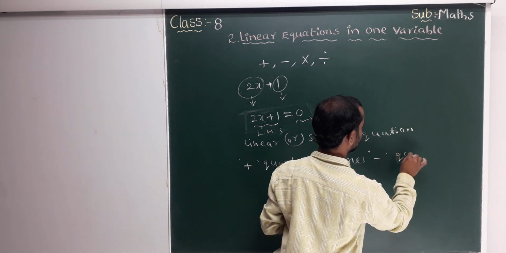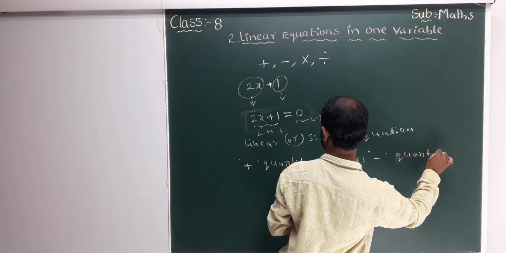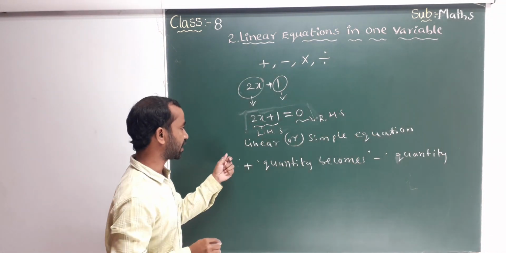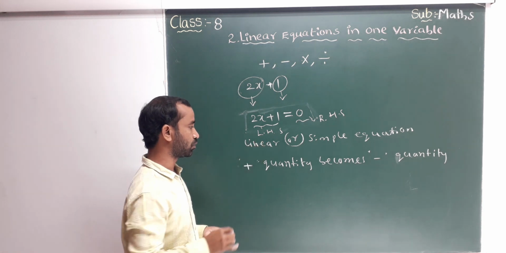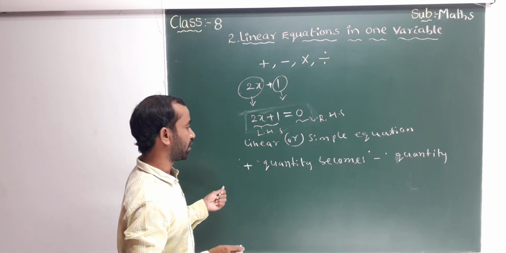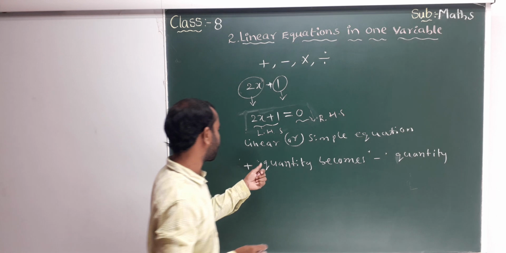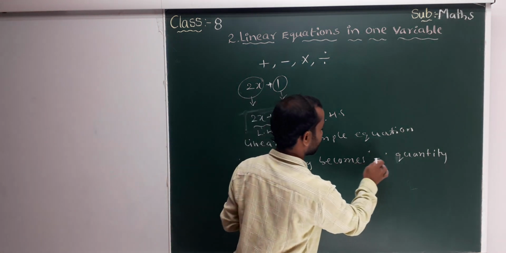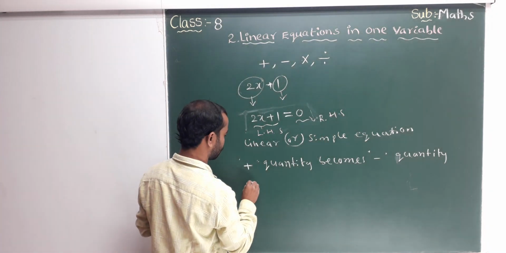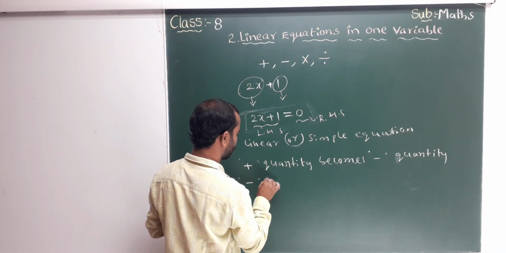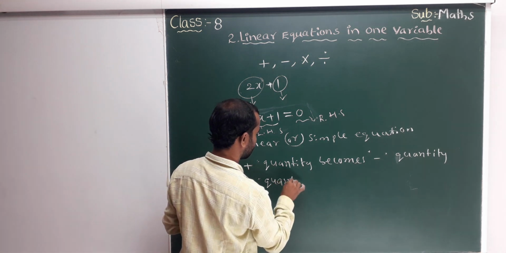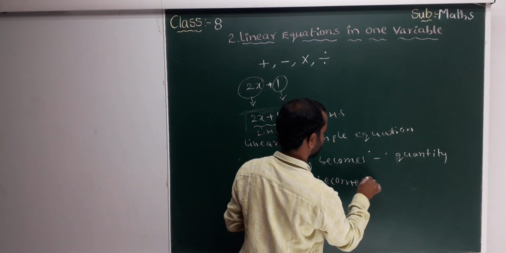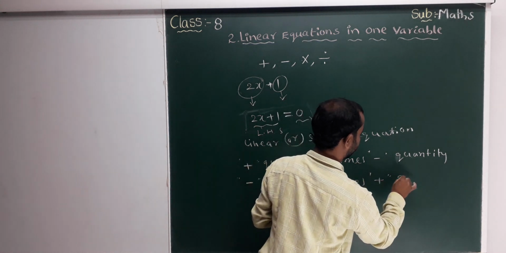In a linear equation, each term transposed from one side of the equation to the other side changes. Plus quantity becomes negative quantity. Next, negative or minus quantity becomes plus quantity.